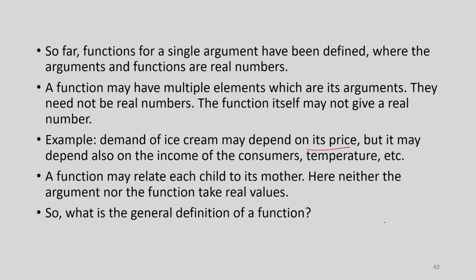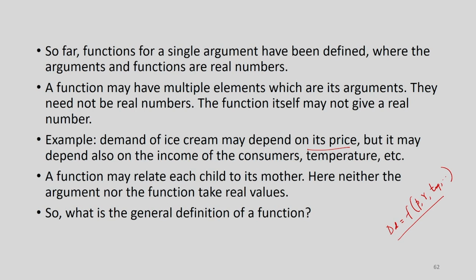I can write it like this: D, which is demand, is a function of price, it could be a function of income, it could be a function of temperature, let us say it is TMP, etc. There are multiple independent variables which might be affecting the demand, and so this function is a function of many variables.